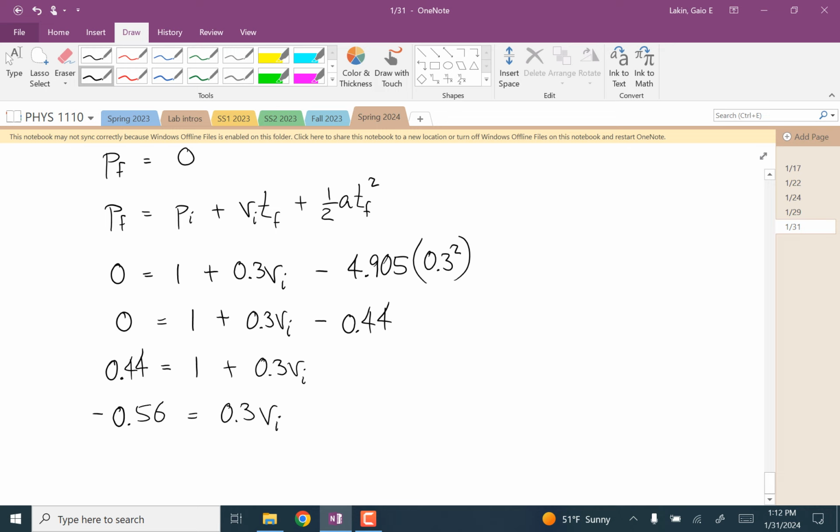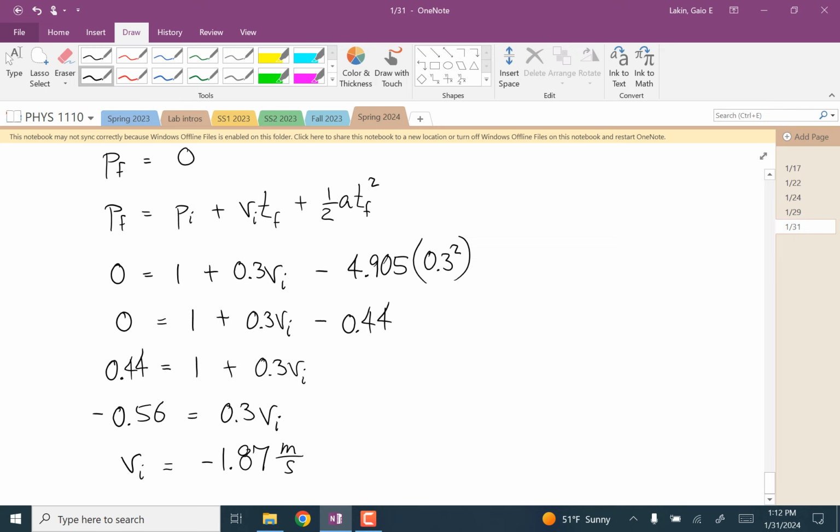Now divide both sides by 0.3, and you get that VI is equal to negative 1.87 meters per second.